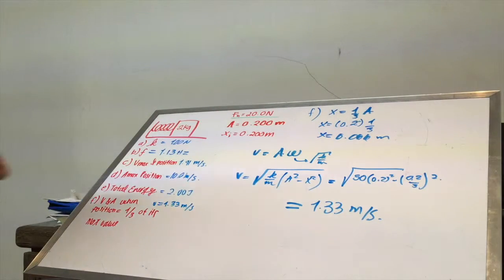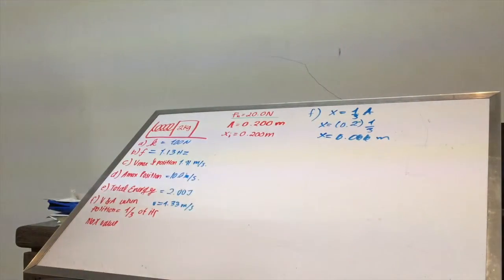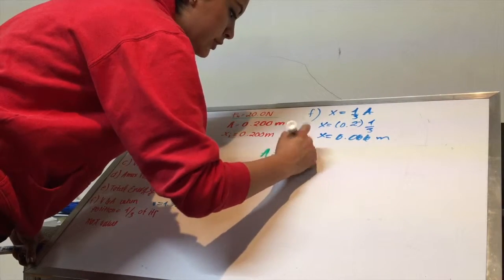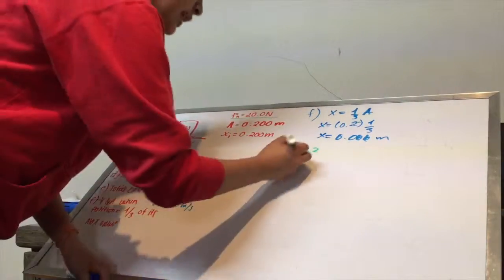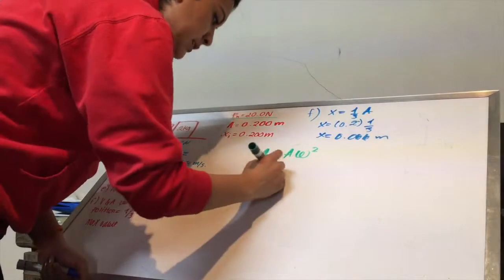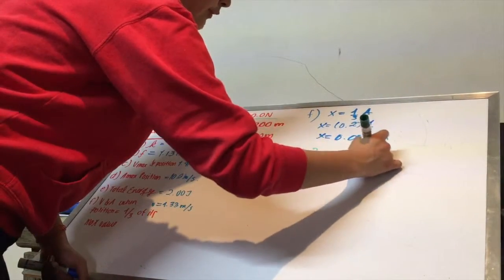Now we're going to solve the part of the acceleration. We use again our formula, acceleration equals omega squared times x. We know that omega squared is 50, because omega is the square root of 50.